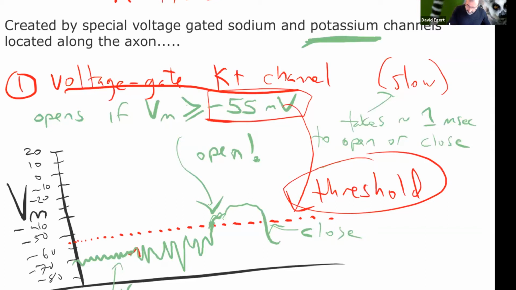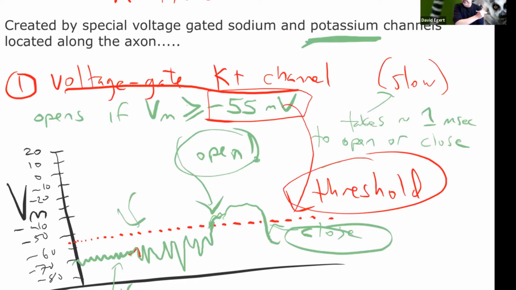They'll open when the voltage goes above this threshold of minus 55, and they'll close when it drops back below. But there is this pokiness, this lag to them, both in opening and closing. It takes about a millisecond for them to actually do their thing.